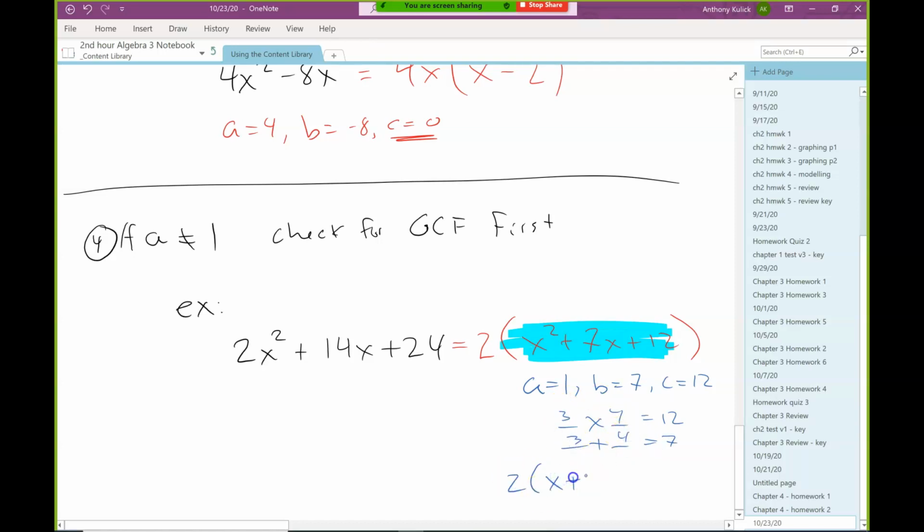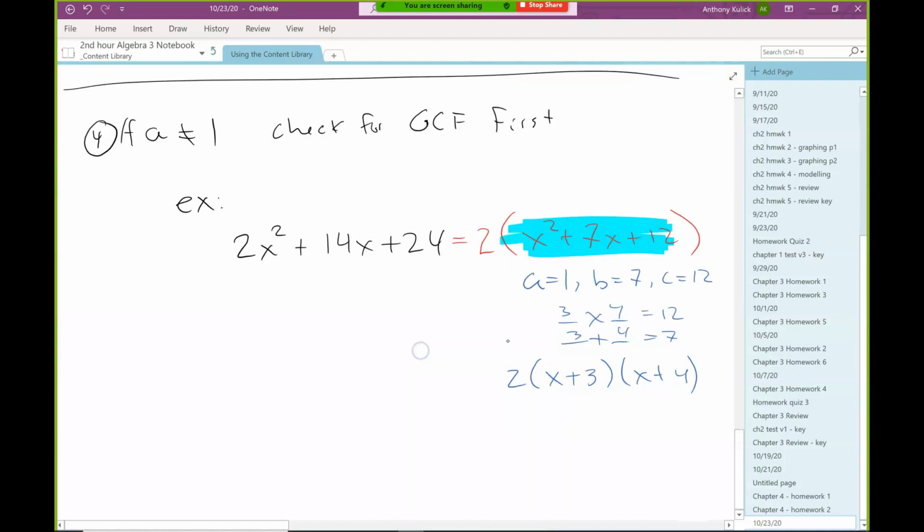So the 2 still stays out front, and then I have x plus 3 times x plus 4. And I'm done. Will I be able to do this every time? No. But when I can do it, boy, that saves me a lot of effort, because now I don't have to do a complicated factoring. I can use the shortcut.